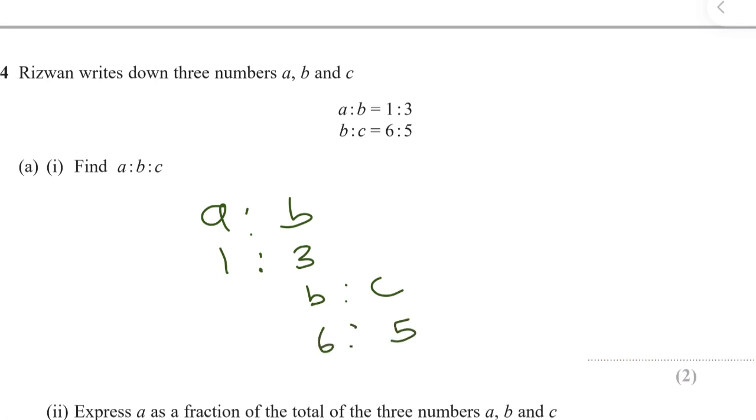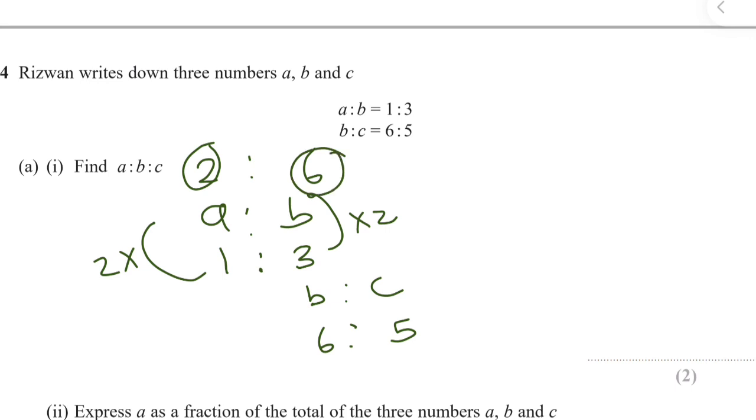Now for us to go from 3 to 6, we multiply by 2, right? So multiply this 1 also by 2, so that is going to be 2. So that is 2 to 6. So that will make A to B to C, 2 to 6 to 5. Make sense?